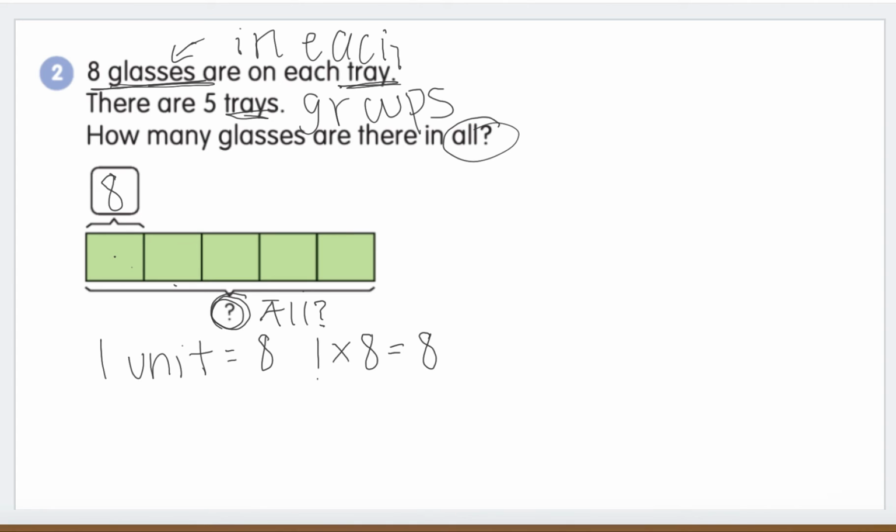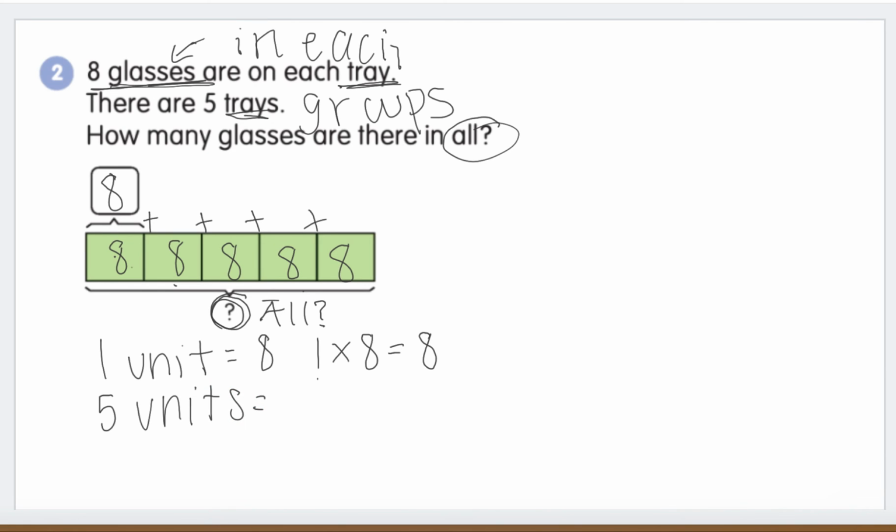Now, there's a couple ways I could go about solving this. I've already determined that each unit has a value of 8 for 8 glasses on each tray. So I could add them together, or I could use a multiplication sentence. And last time, I found the value for all of the units using multiplication.